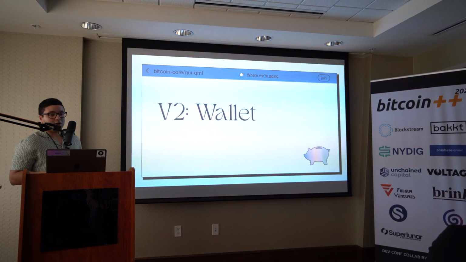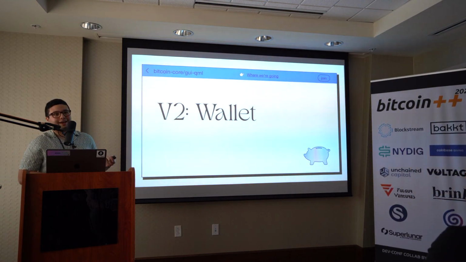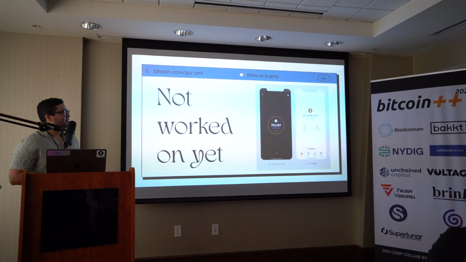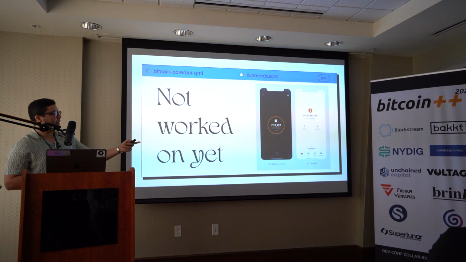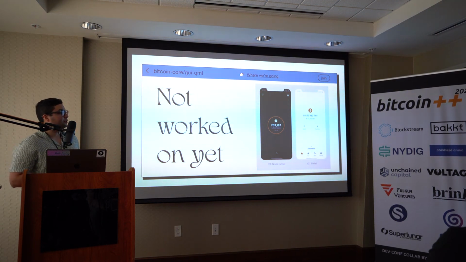Version 2 will be the wallet, which we have not worked on yet. But after we get version 1 shipped, we will continue full force into that. The Bitcoin Design Guide has really good best practices behind that. We do have a mock-up of maybe how we do it on mobile.